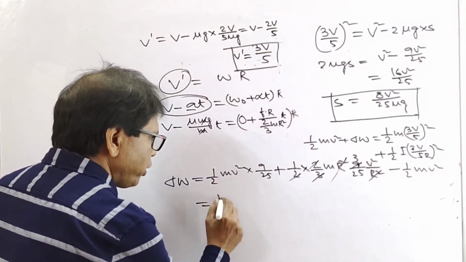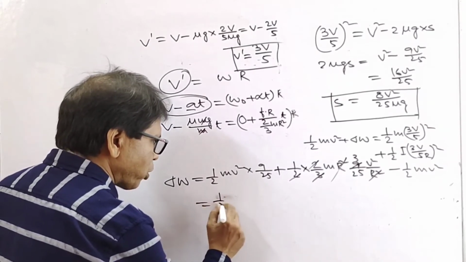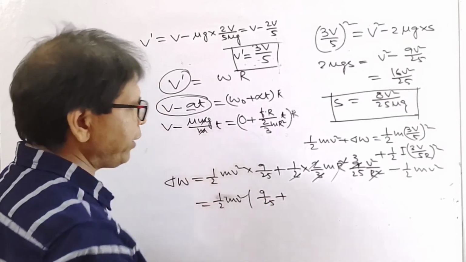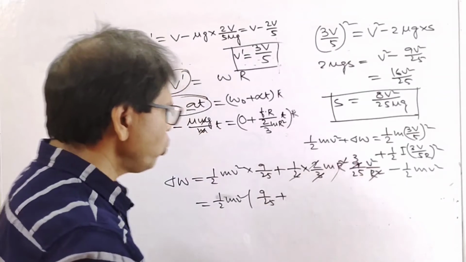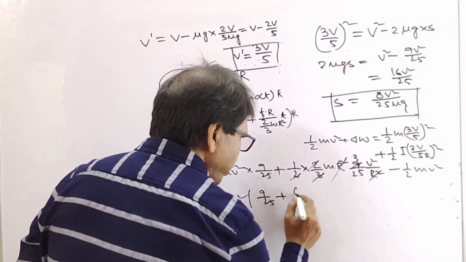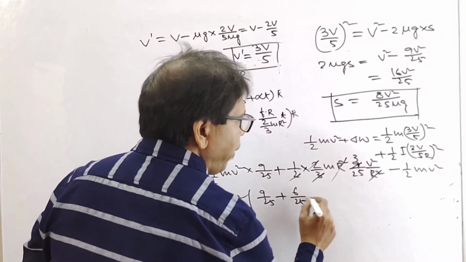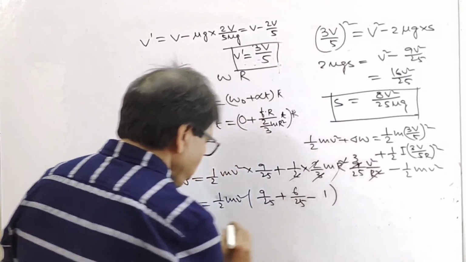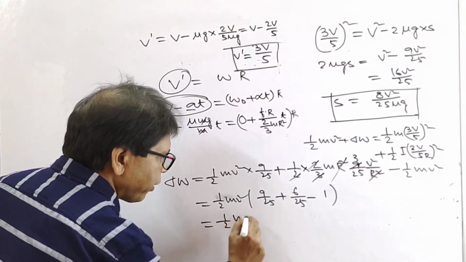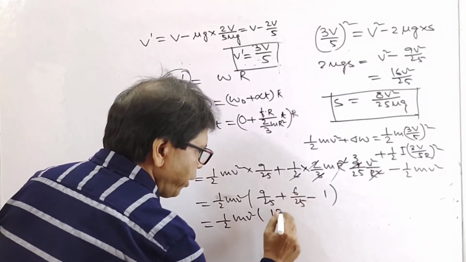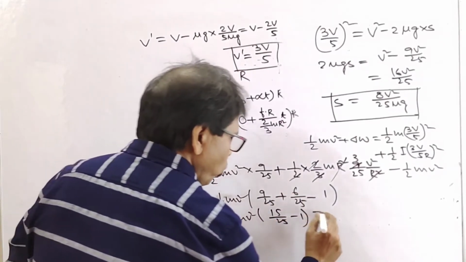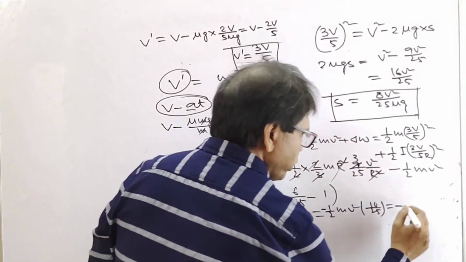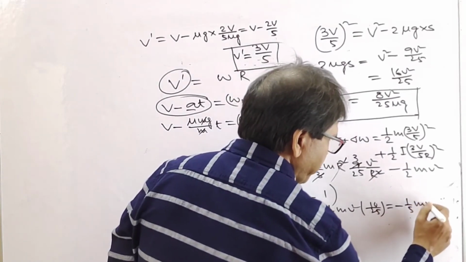This is half mv² into 9 by 25 plus 3 by 25, so 6 by 25, minus 1. Now this is half mv² into 15 by 25 minus 1. So this is half mv² into 10 by 25. So this is minus 1 by 5 mv².